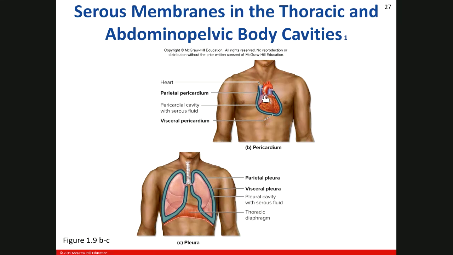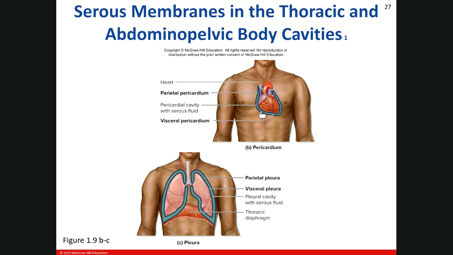All right, so imagine that same picture that I showed you with the fist going into the balloon. Here's the heart acting like the fist going into our serous membrane balloon. So this dark blue line here that's on the outside of the heart, that's the visceral pericardium. You need to be specific. If we're dealing with a specific organ like the heart, then you need to say the visceral pericardium.